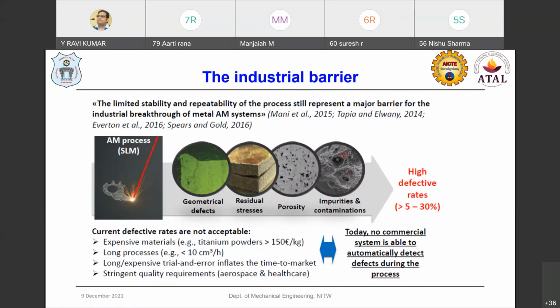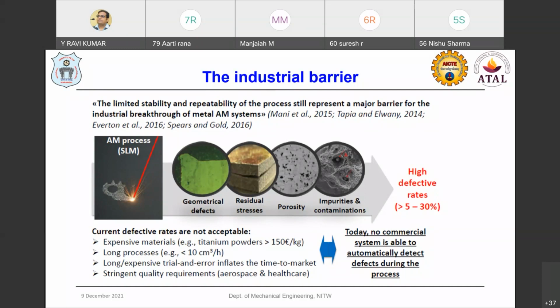That is, you can say that, but there are a lot of challenges existing in this process. Not only is the complexity made with this process, even though complexity is high and we are able to manufacture it, but a lot of manufacturing challenges are there, because when we are using different kinds of materials or different kinds of processes, repeatability is a major issue, as well as limited stability.